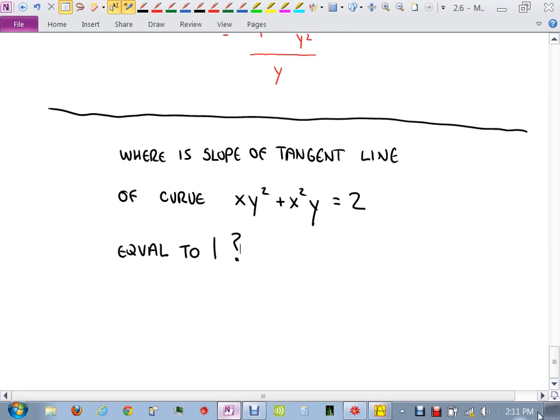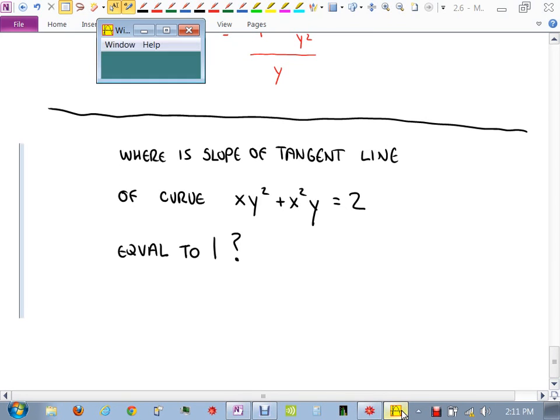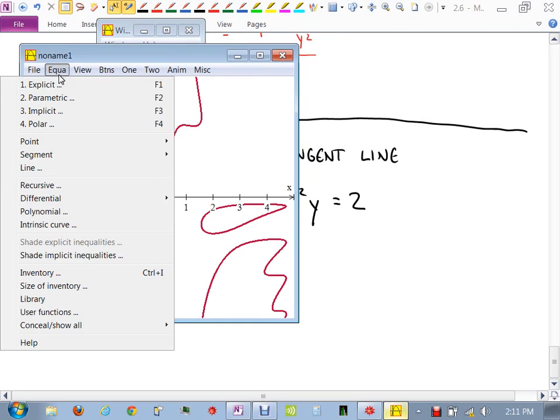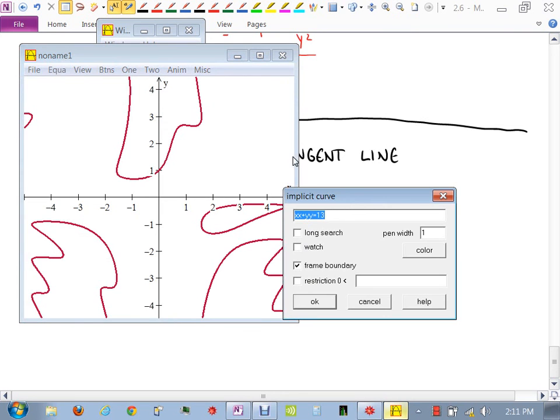Now, I just made this problem up just out of the blue. So real quick, I want to make sure it's going to have a slope of 1. It may not, because I made it up. What was the problem again? Was it x squared y? X, y squared plus x squared y.